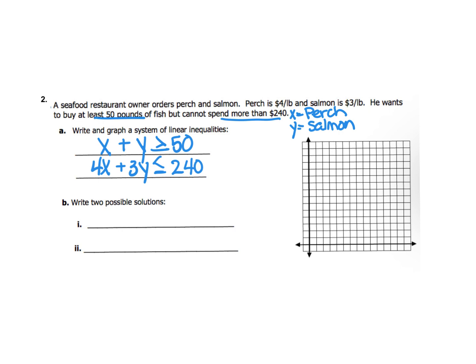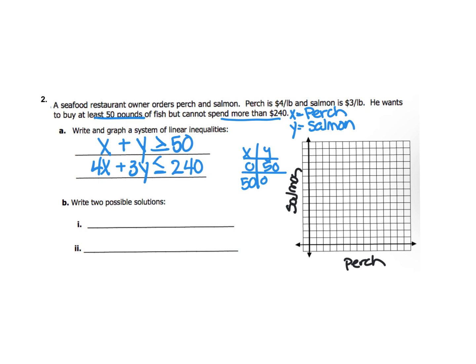So let's go ahead and make our X, Y tables. When X is 0, Y is 50, and when Y is 0, X is 50. And now let's label: on the bottom will be perch, and this is salmon.